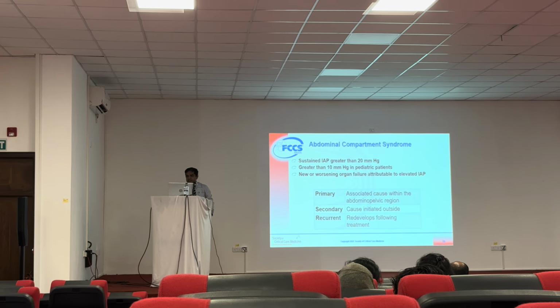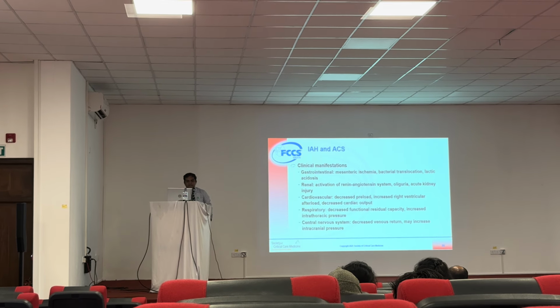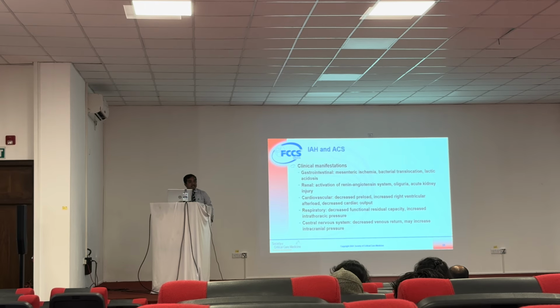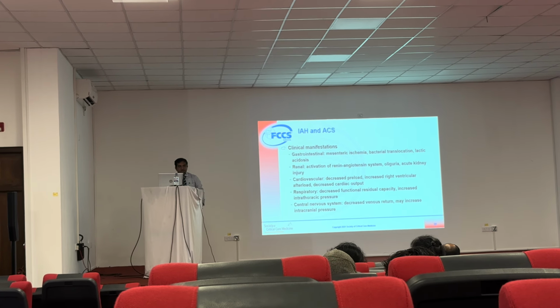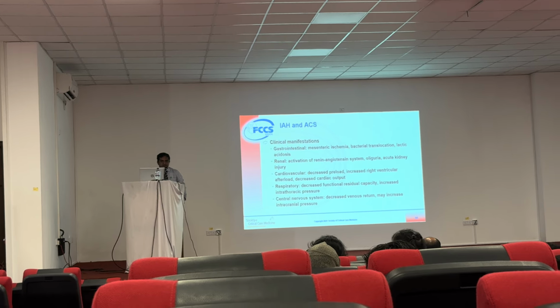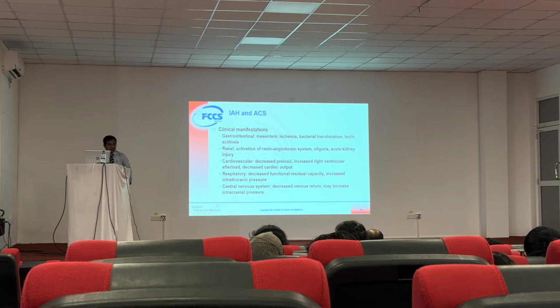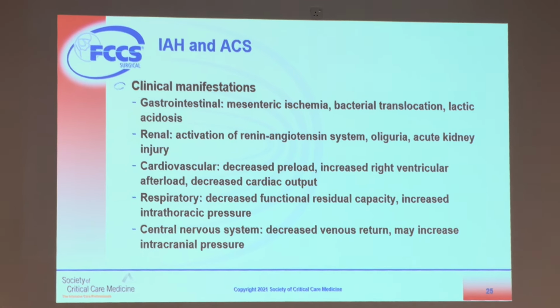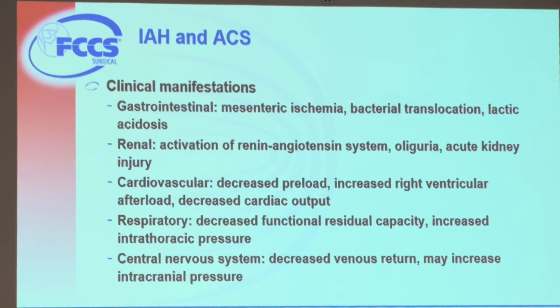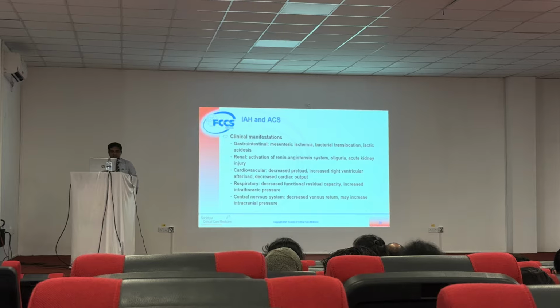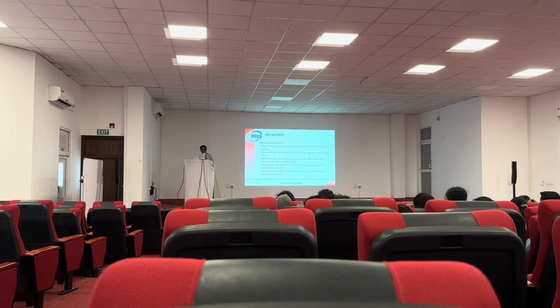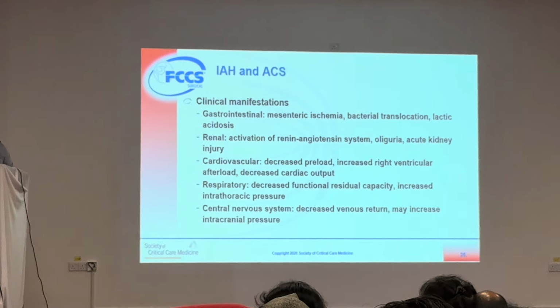Third one, recurrent. So mainly clinical manifestations, they can compromise the blood circulation. You know, the venous circulation is very low pressure, it will be immediately compromised by this sort of compartment syndrome. Gastrointestinal compromise can cause mesenteric ischemia, bacterial translocation, lactic acidosis.